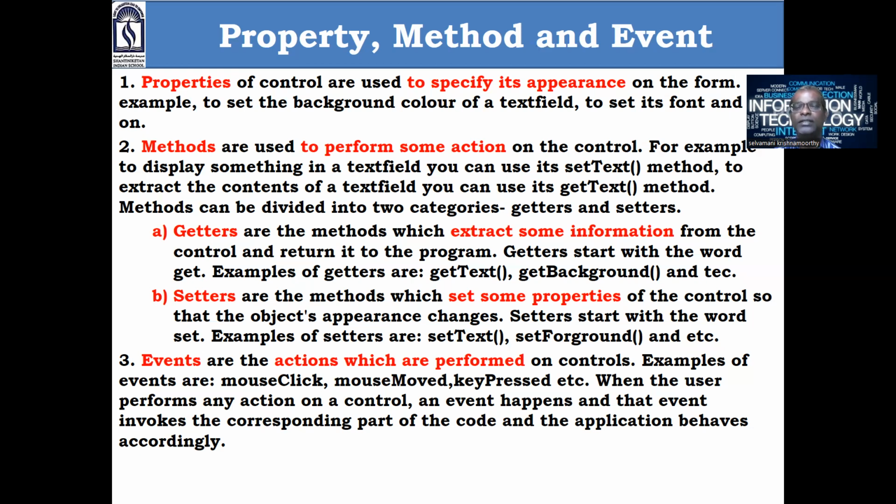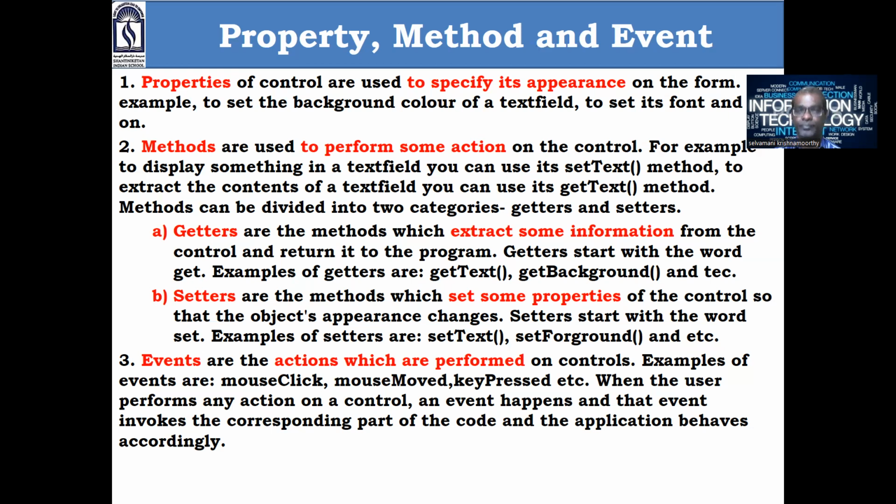Example, set text, set foreground. As usual, both the methods start with set. That means setters always start with the word set. So there are two categories of methods: one is getter, the other one is setter.